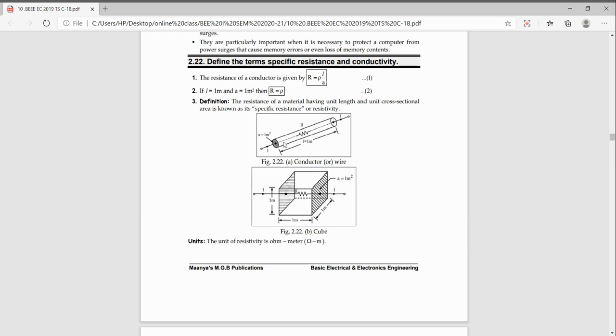So here, if you observe, there is a resistance R, and this is a conductor. The resistance is R, the conductor length is 1 meter, and its cross-sectional area is 1 meter square, then we can say the resistivity is equal to the resistance. So rho is equal to R. And the unit of rho, that is resistivity, is ohm meter.